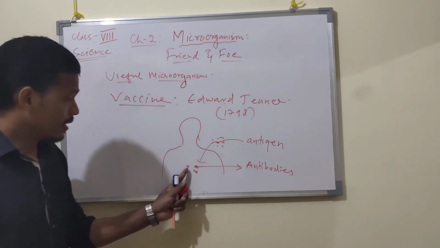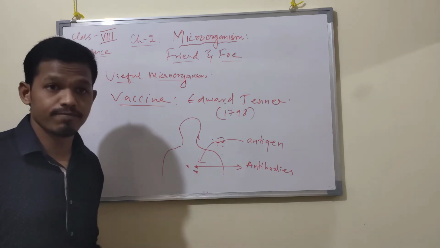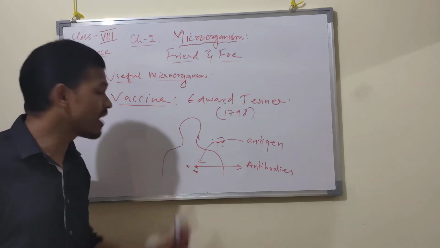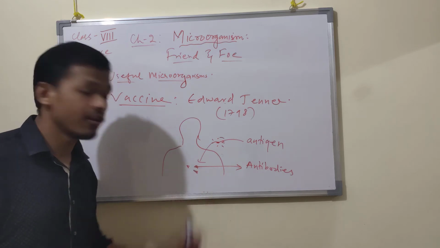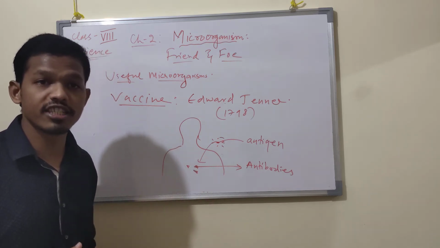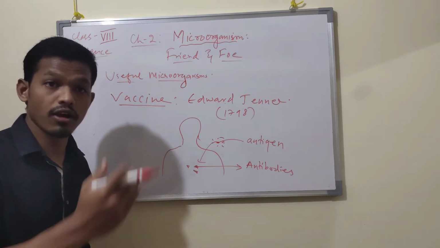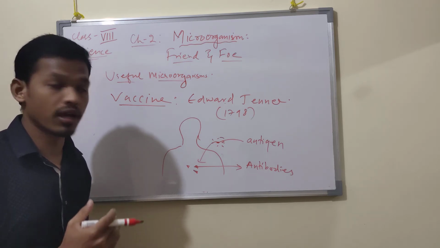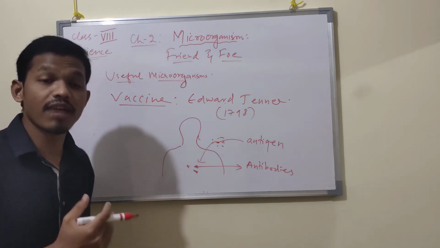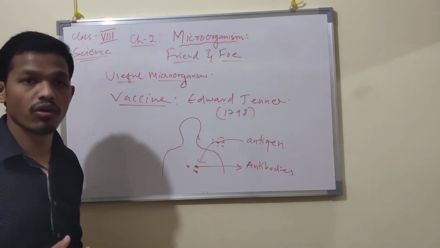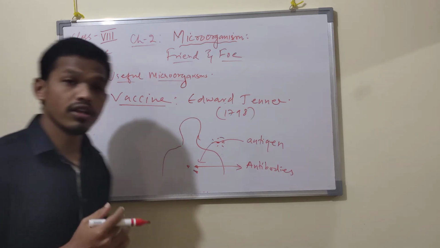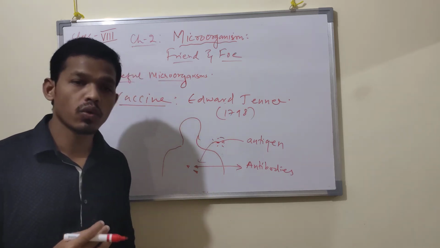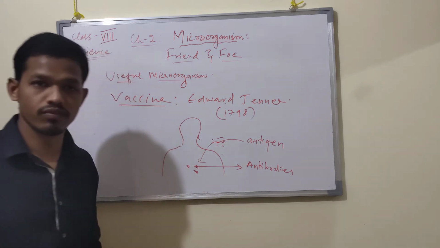So all the time they cannot defend, they cannot fight. Sometimes they fail. If they fail in defending against the microorganisms which are entering into our body, against any antigens, at that time we feel sick. We'll fall sick. So in that case, what do you have to do?